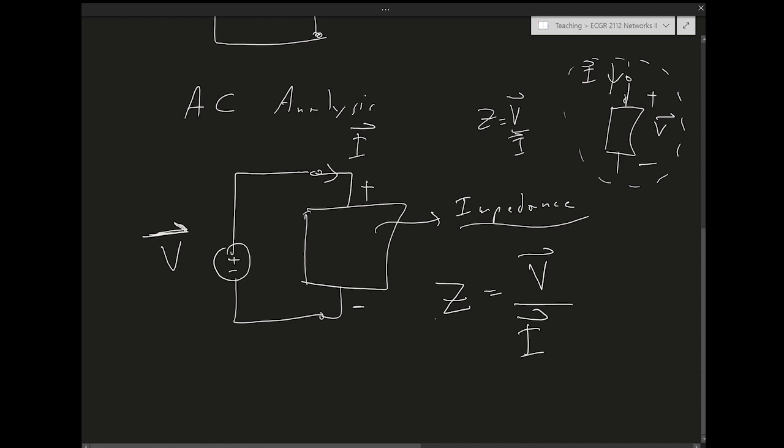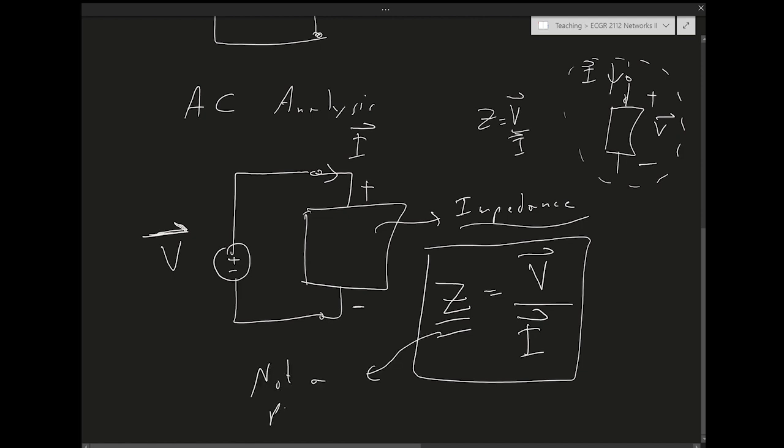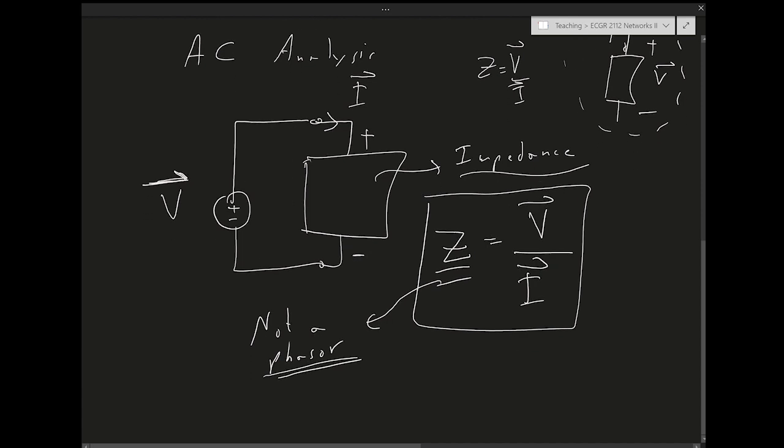So this is the definition of impedance, and it's a complex number. It's the ratio of the V phasor over the I phasor. It is not a phasor, though, right? A phasor has a very specific meaning. A phasor is a complex number representation of a real-time signal, a signal that is a sinusoid with respect to time, of either a forcing function or a response.